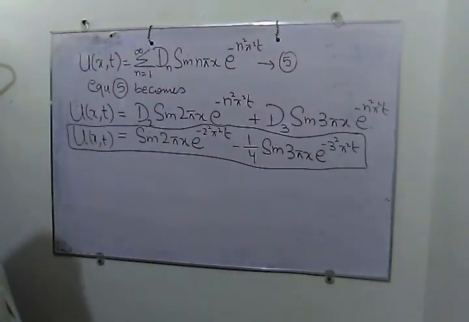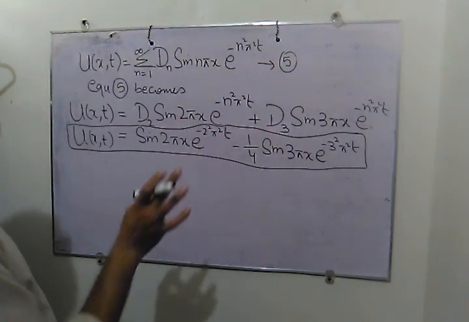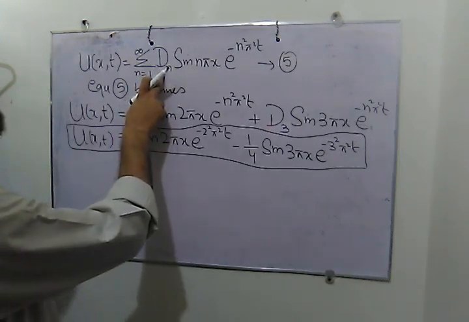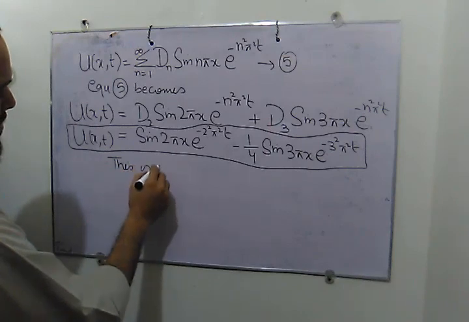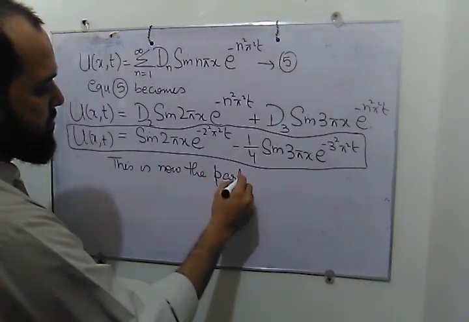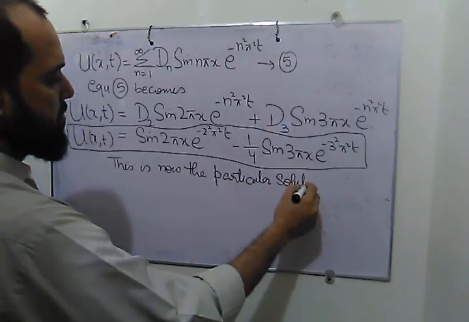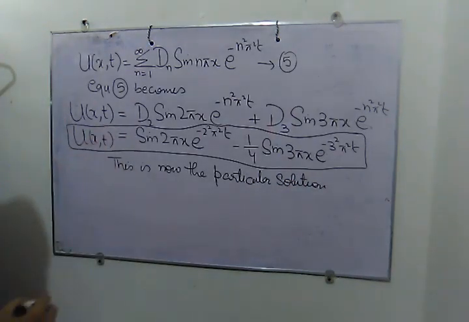In the general solution, only two terms survived, d2 and d3. The rest of the terms are eliminated because their coefficients were 0. So this is now the particular solution. The particular solution is the one which has the values of the coefficients.